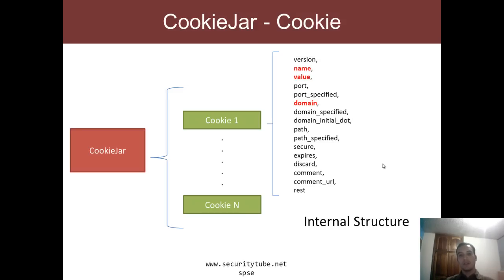Of course, the most important here are the name, the value, and the domain. The other parameters can use the default values. After that, we can load this cookie object into the CookieJar. Let's see this demo.